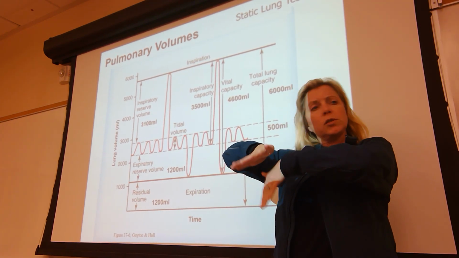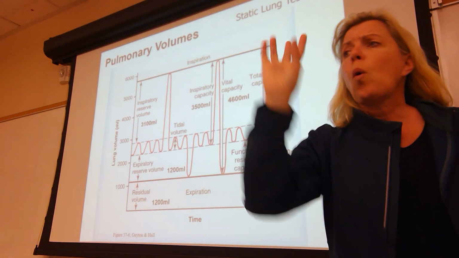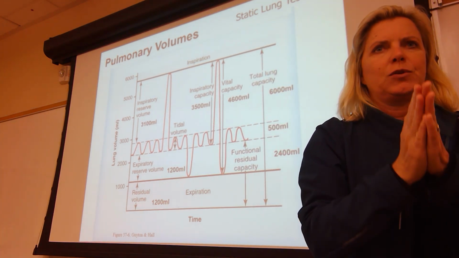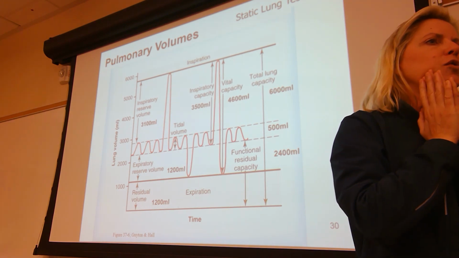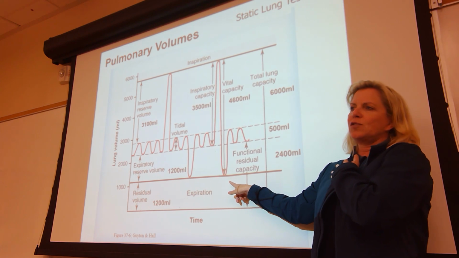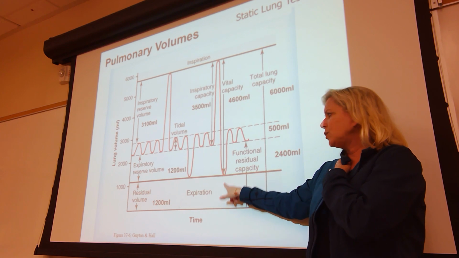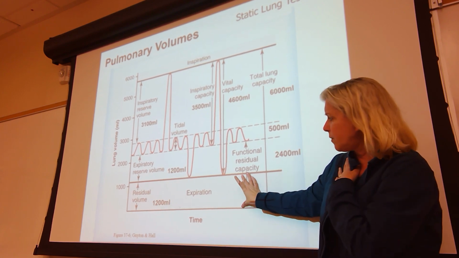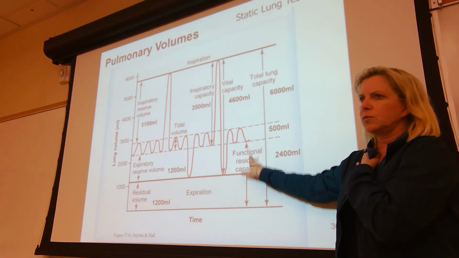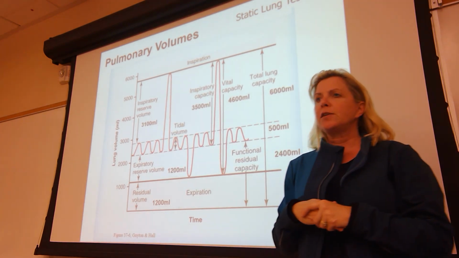That is when your chest wall and your lungs are at equilibrium. A capacity is 2 or more volumes added together. When you exhaled as much as you could, there was still air left over in your lungs. That is called your residual volume. So residual volume plus your ERV gives you your functional residual capacity. Now I want you to exhale as much as you can.